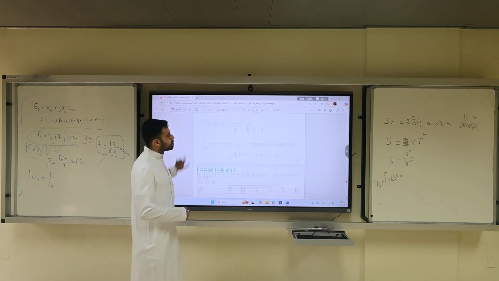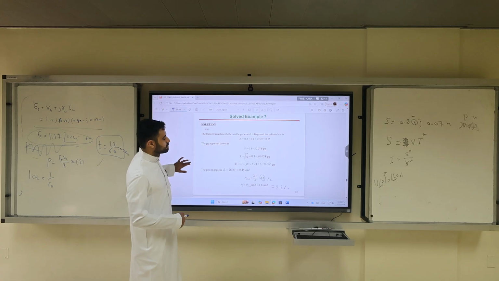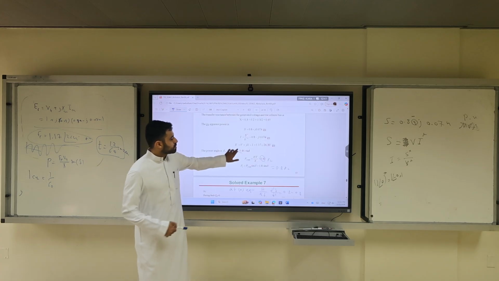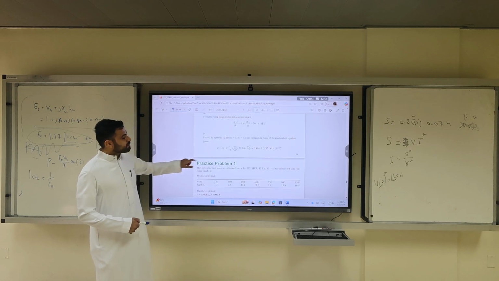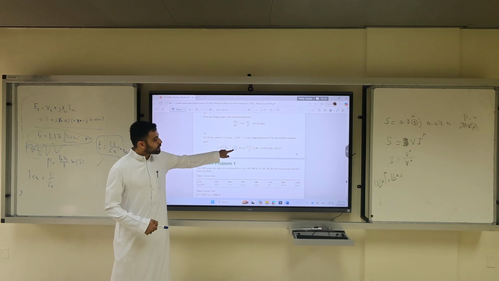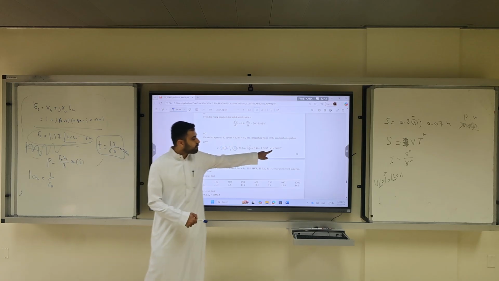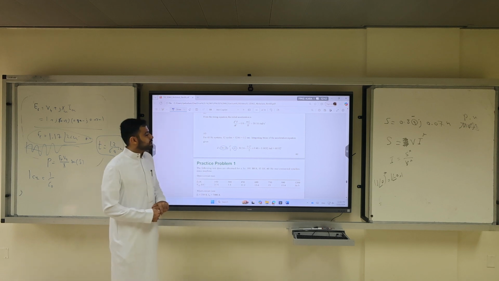What is delta 0? 0.46 radians. Where is the 0.46 radian? This one. This is delta zero, your initial angle. So if you write it as a function, it will be the acceleration times t squared over 2 plus delta zero. If you plug it in, you will have it at 60.92 degrees or 1.063 radians.